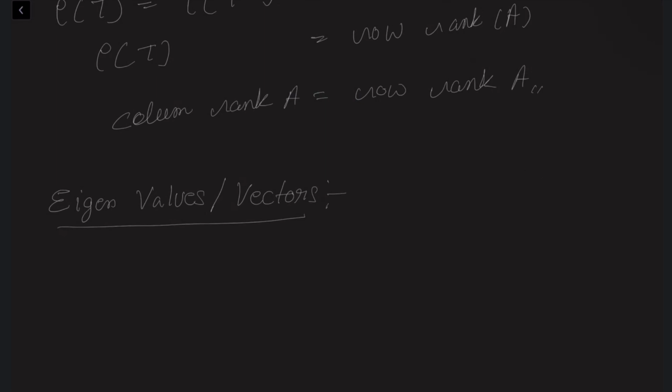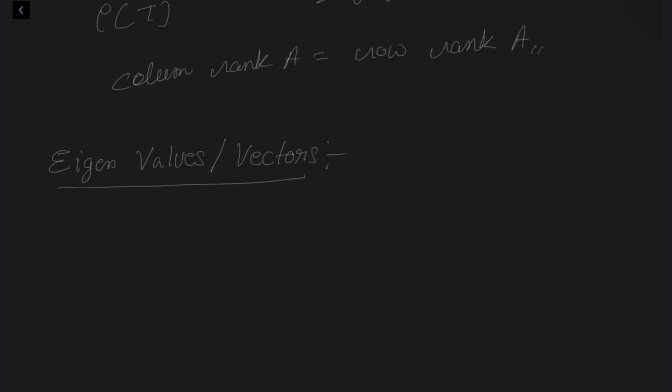Eigenvalues and eigenvectors. First let me define it: let T be a linear operator on V. What is a linear operator?